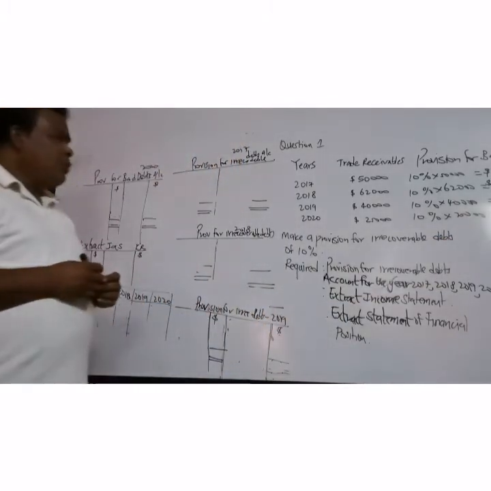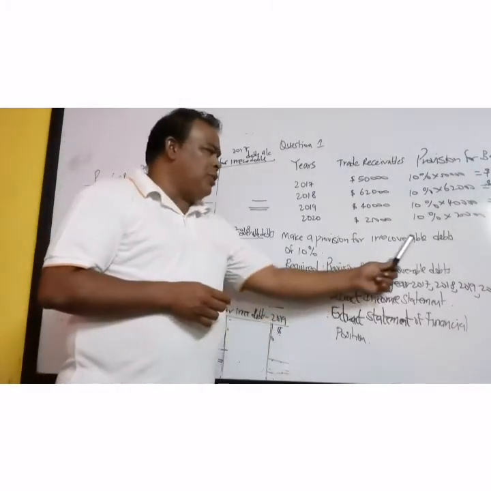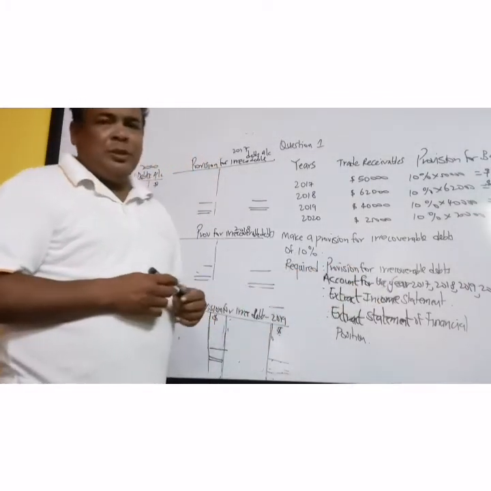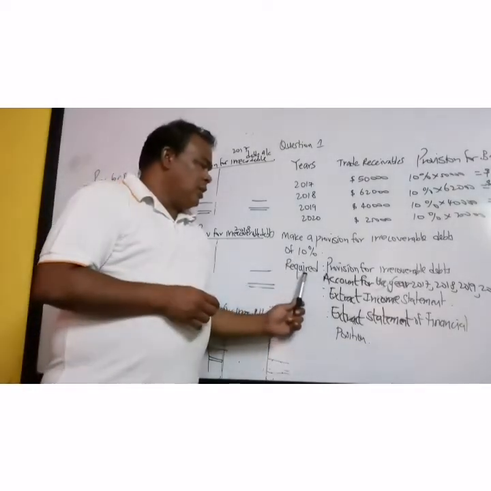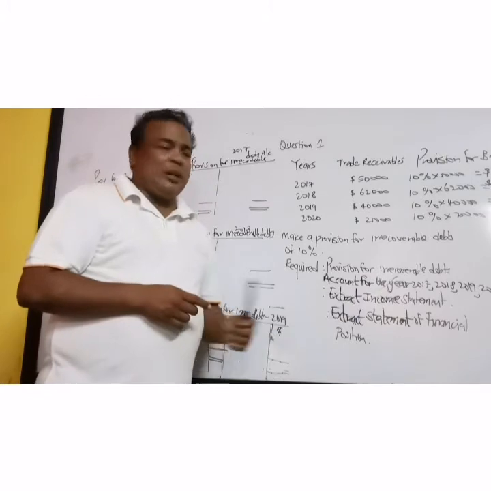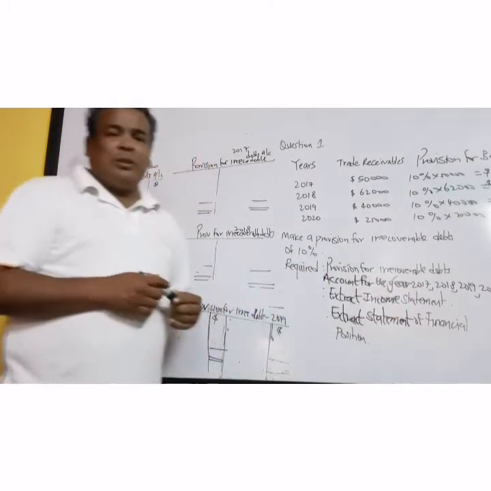Now we will have to prepare the requirement: make a provision for irrecoverable debts of 10%. So each year we have to calculate the provision at 10%, and prepare the provision for bad debts account for 2017, 18, 19 and 20.